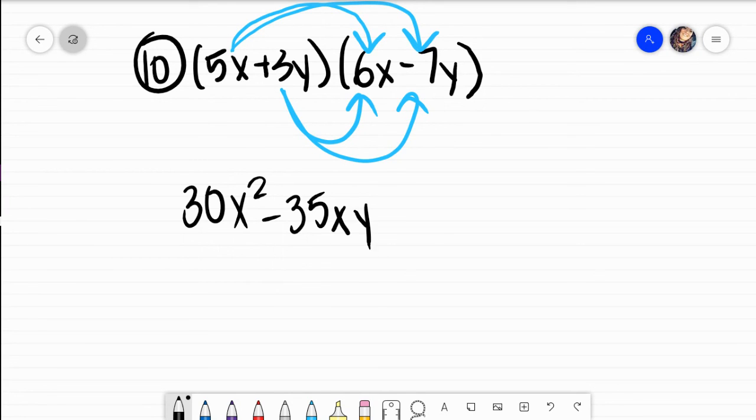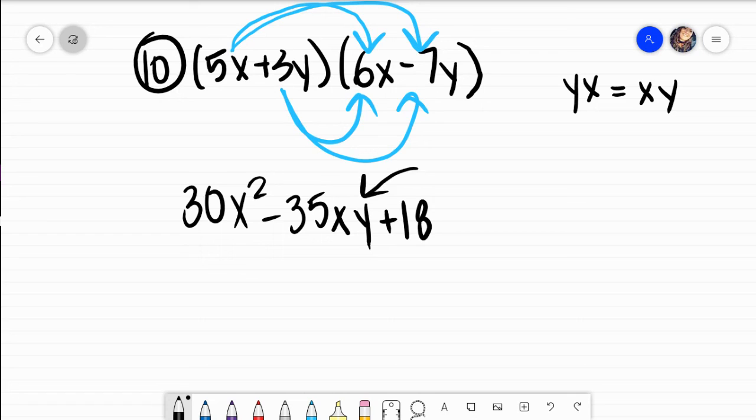Perfect. Positive 3 times a positive 6, it's 18. Signs are the same, so we get positive. Okay, right here, I've got a y times an x. We also learned in our rules that multiplication is commutative, which means if we have y, x, you could write it as x, y.